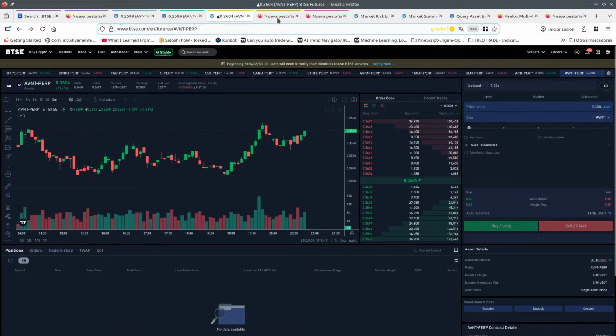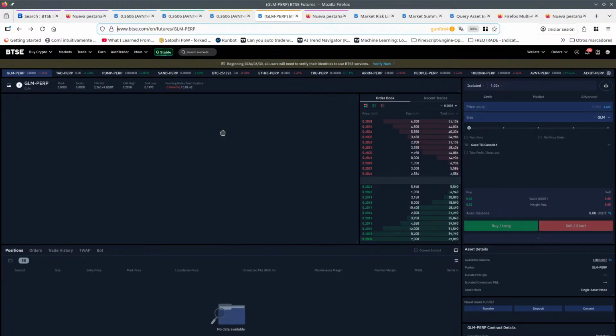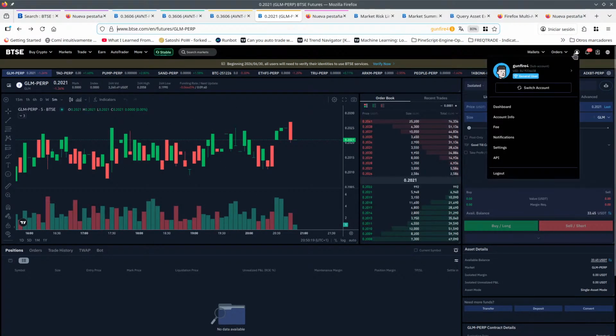So this is Gunfire 3, where it has not done any trade because it wasn't needed or whatever. This is Gunfire 4, nothing at all.